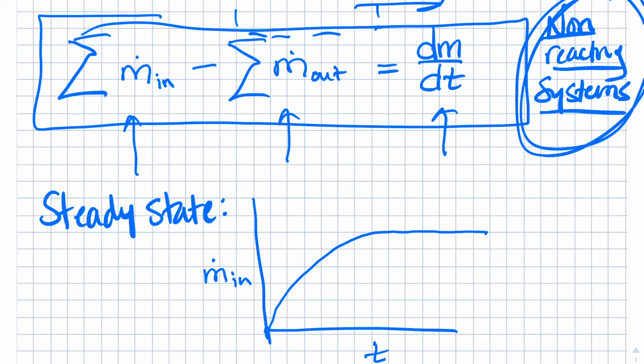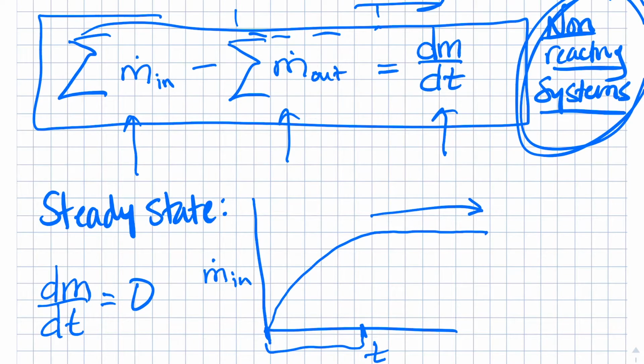And from here to here, you can see the process is changing mass flow rate. And then from that point on, we're actually steady state. We stop changing. So that's what steady state is graphically. Mathematically, though, and especially in this mass balance or any other balance, it means that all time derivative terms equal 0. So that means that the dm/dt in the mass balance is equal to 0.